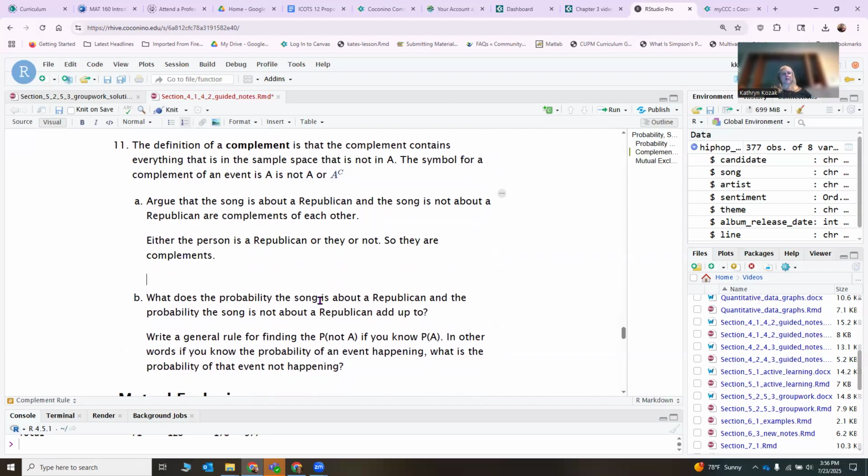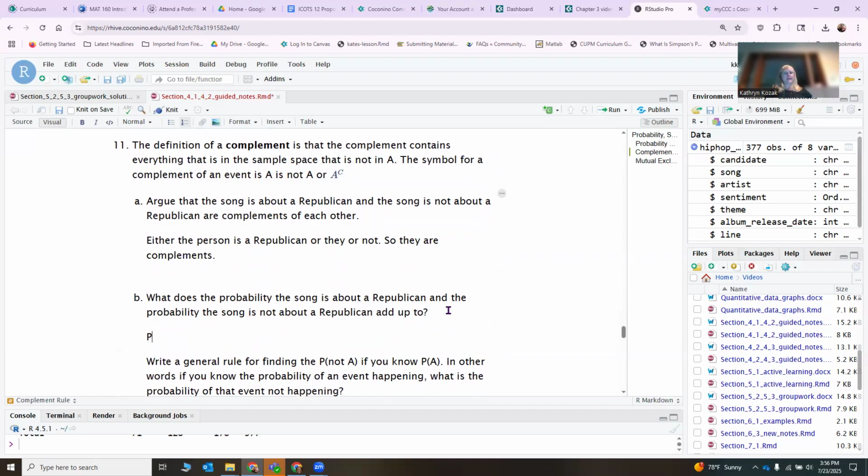What does the probability of a song that is about a Republican and the probability the song is not about a Republican add up to? So I want to remind you that we did this. We found the probability of Republican, and I want you to add that to the probability of not a Republican.